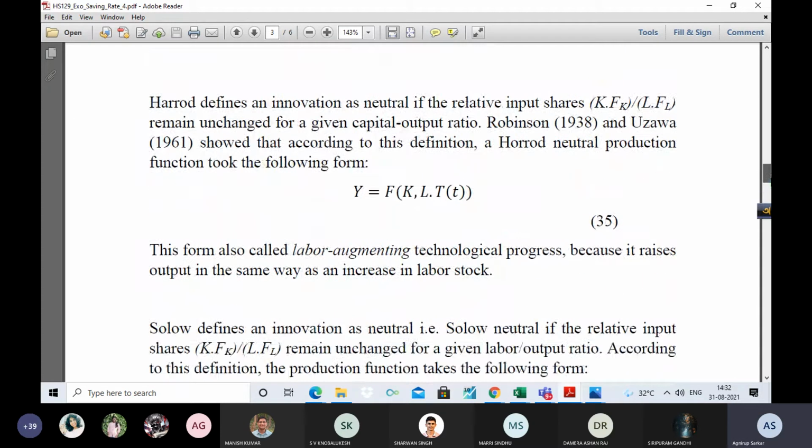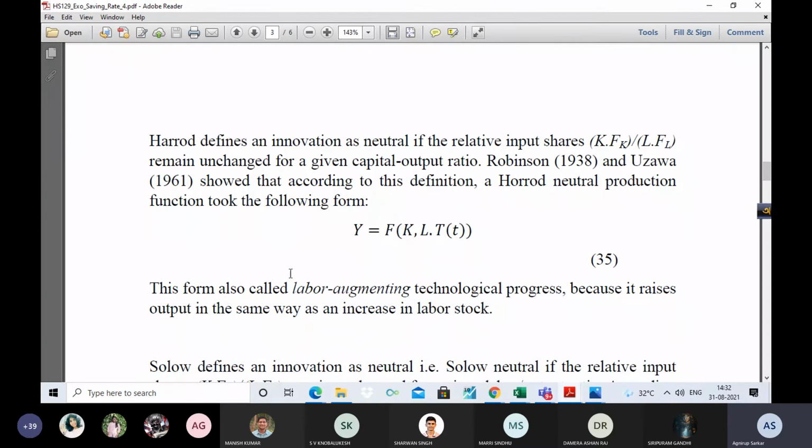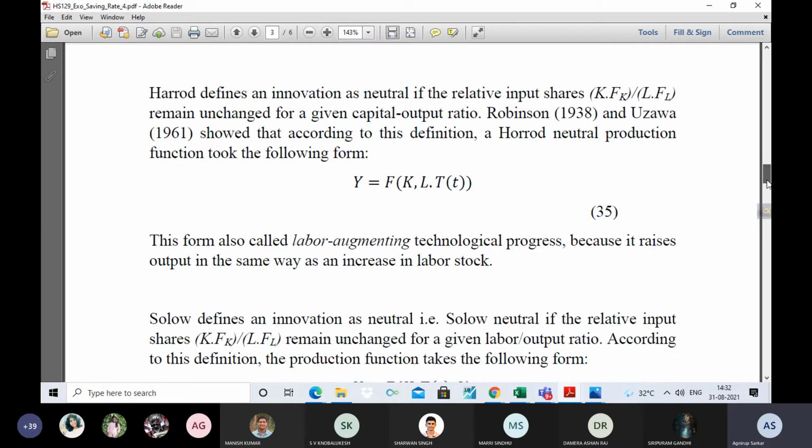So this is the relevant production function. Now we are incorporating this particular functional form for the technology, and we are going to explore what would happen to growth in the long run.